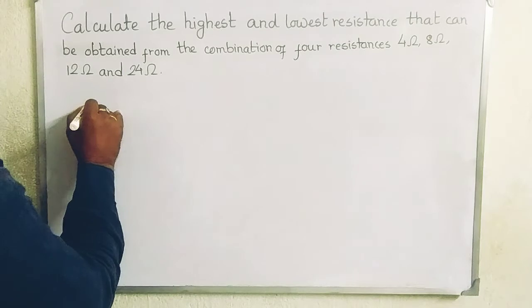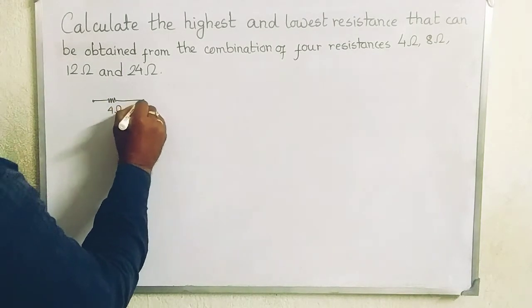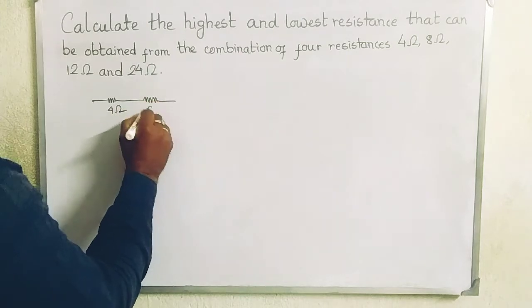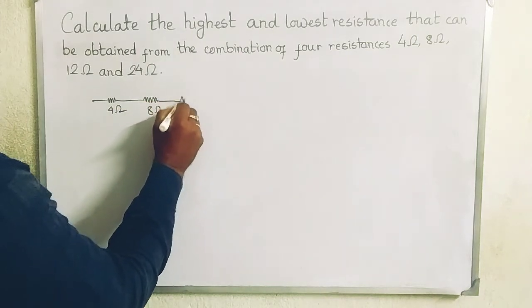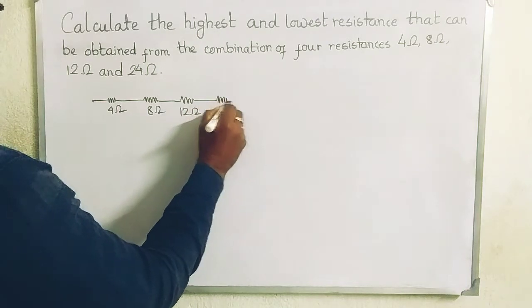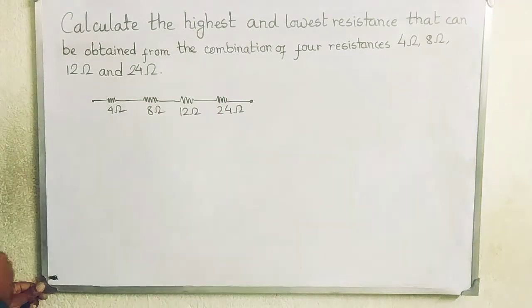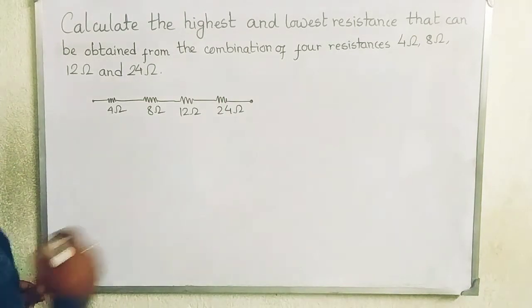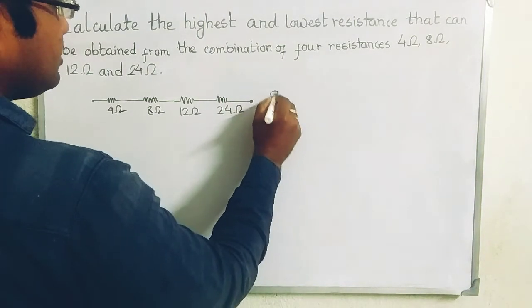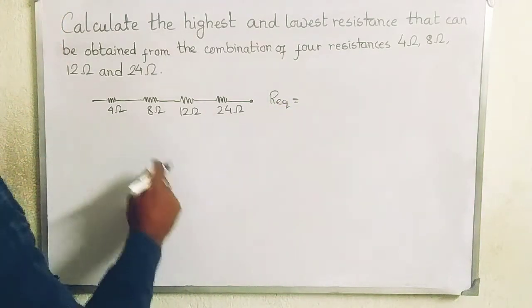like this, that is the 4 ohm, after that 8 ohm, 12 ohm and 24 ohm. So if I connect these 4 in a series combination, then the equivalent resistance will be simply the algebraic sum of these 4 resistances.